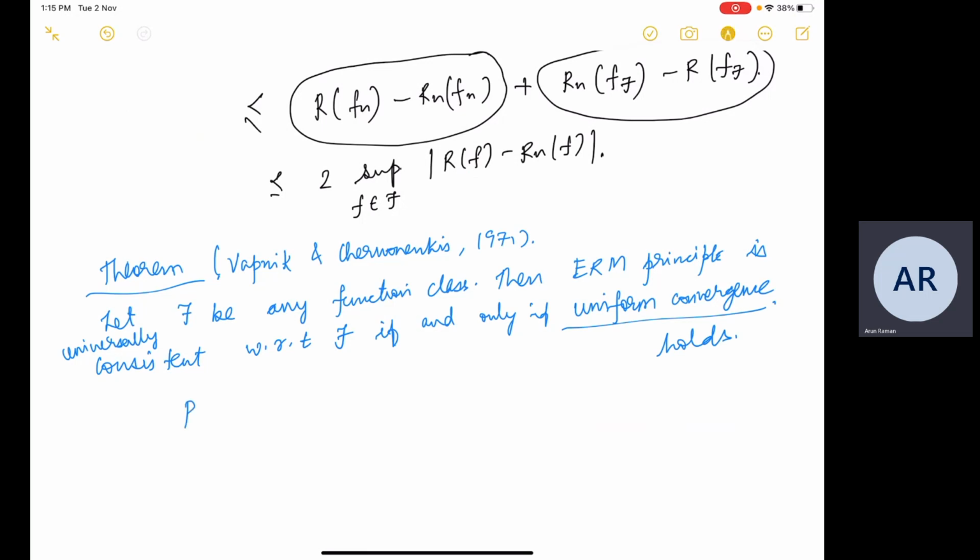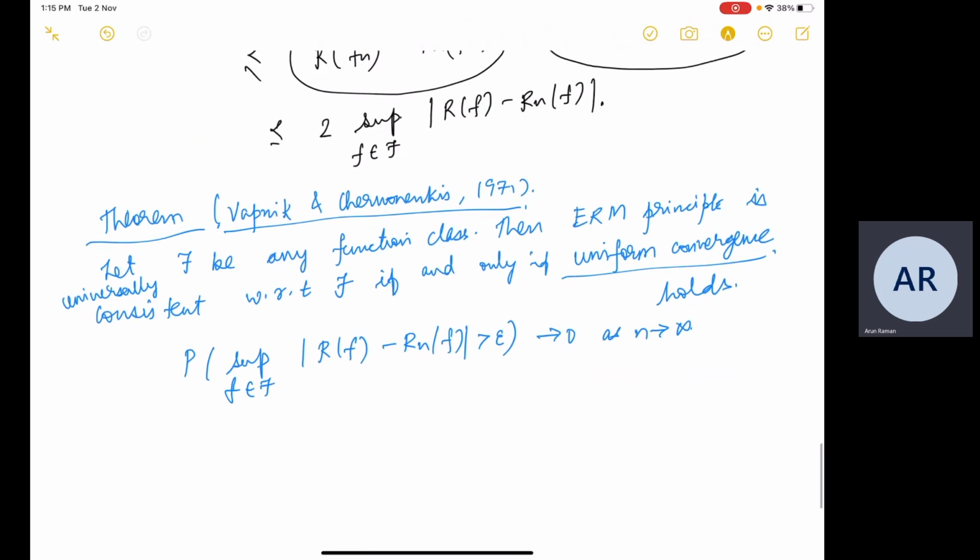What it means is the supremum over f in script F of the difference between true risk and empirical risk goes to zero. This is a very deep result in the sense that it says the necessary and sufficient condition for us to find the best function in the class is that the true risk should be equal to the empirical risk for all functions in F. It should be true for everything.